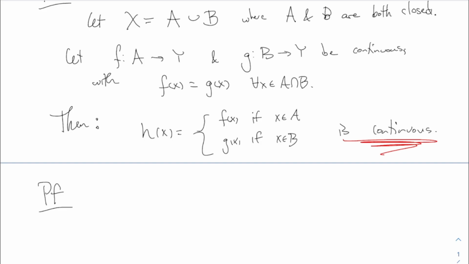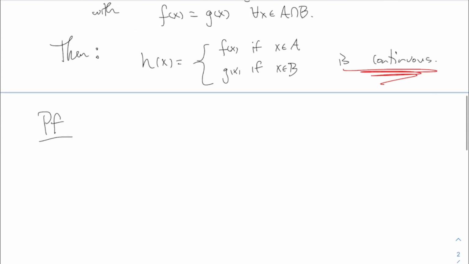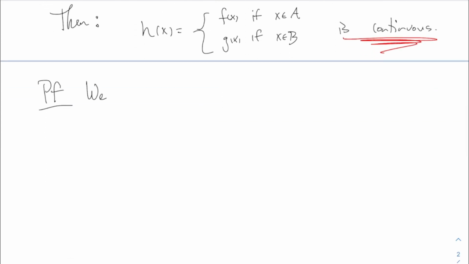There's a fact that I mentioned last time that the definition of continuity works just as well if you use the word closed instead of open. And this is something that you're going to do on the homework. It turns out the closed version is more convenient than the open version in this particular scenario. So we're going to use the closed version of continuity.